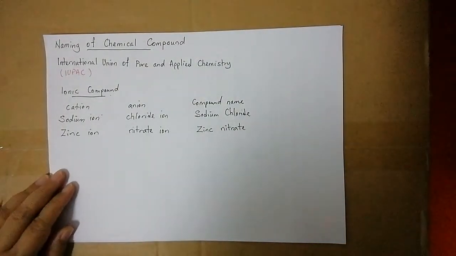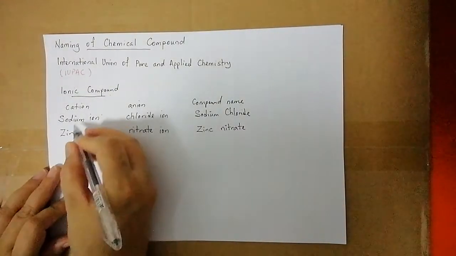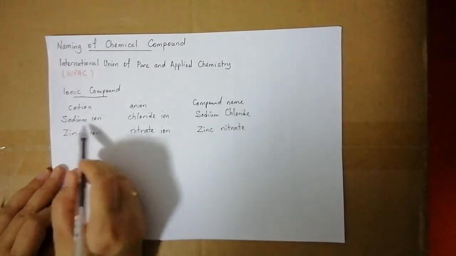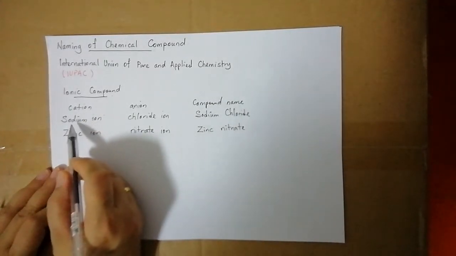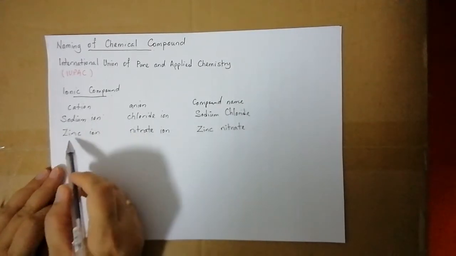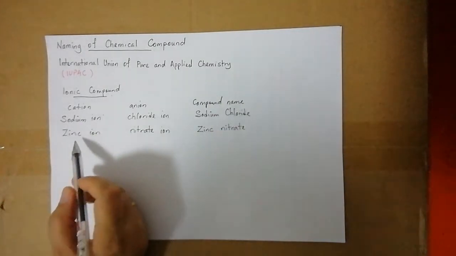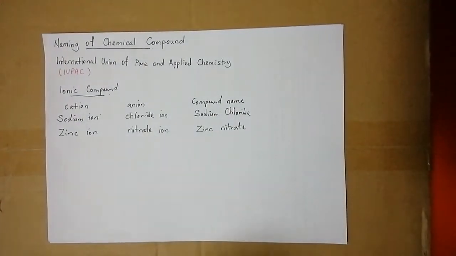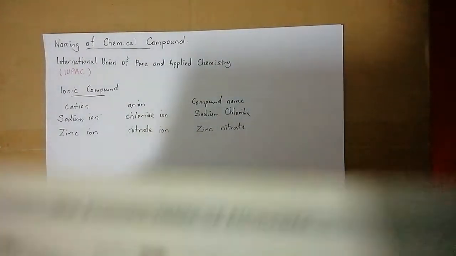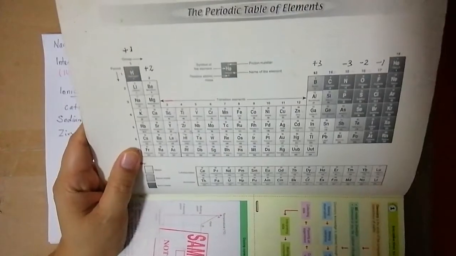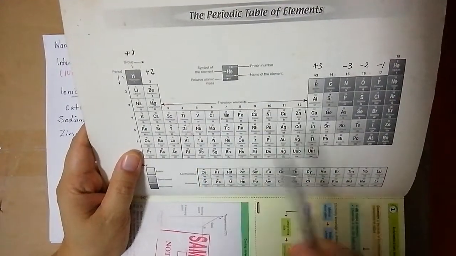Now, to name the cation, as we can see here, the sodium ion is formed from the element sodium, and the zinc ion is formed from the element zinc. Most of the cations here are metal ions, and as you can see in the periodic table, all these are metals.